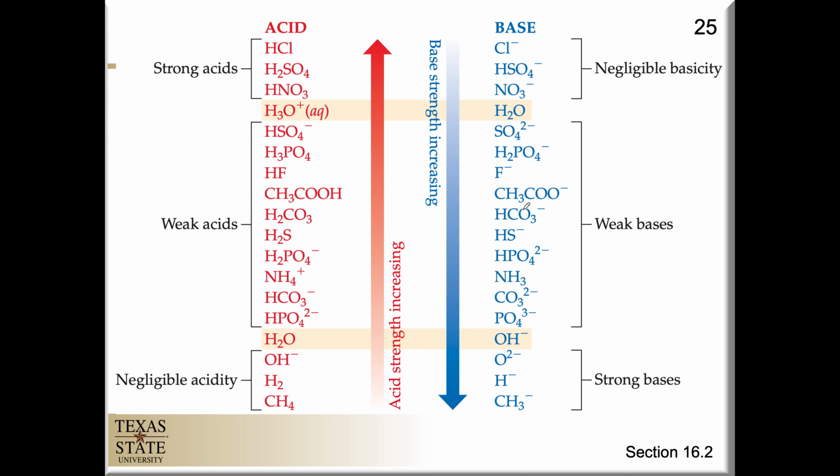When we go to the right-hand side, that side is organized in the opposite direction, where the strong bases are at the bottom. And as we go up, we have negligible basicity, basically less basic behavior. As we had said in the previous slide, the stronger the acid, the weaker its conjugate base. And similarly, the stronger the bases here, the weaker their conjugate acids are going to be. Just to remind you again, here we have the weak bases in the middle, and water is going to be an even weaker base than all of those weak bases.